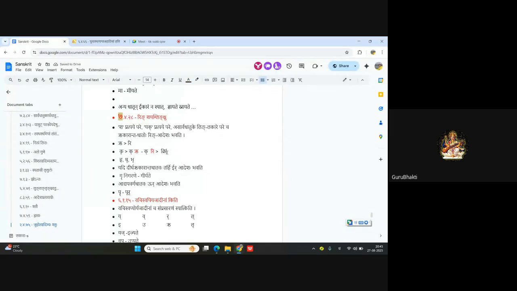Sarvadhatuke is ardhadhatuka or? That which is not sarvadhatuka may not be ardhadhatuka, but since it is ling lakara, it could be either sarvadhatuka or ardhadhatuka.